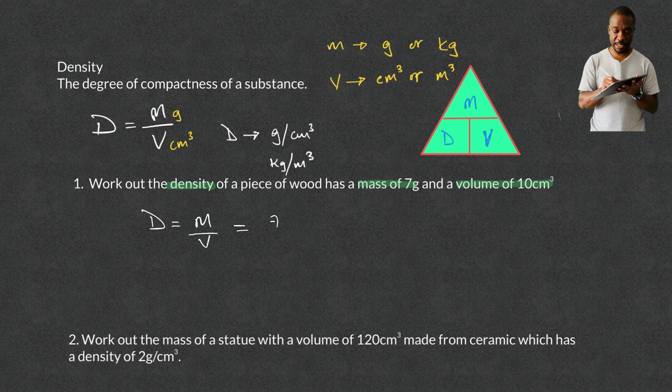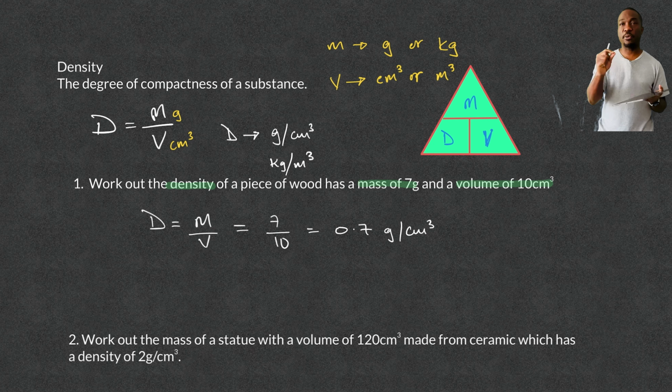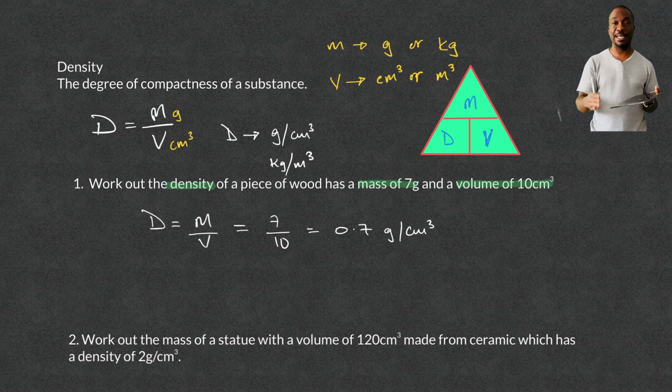The mass is 7, the volume is 10. So if you want, you can just leave it as that, or you can say 0.7 grams per centimeter cube. In this particular topic, it's super important that you are writing down the units. All right, let's move on to the next question then.